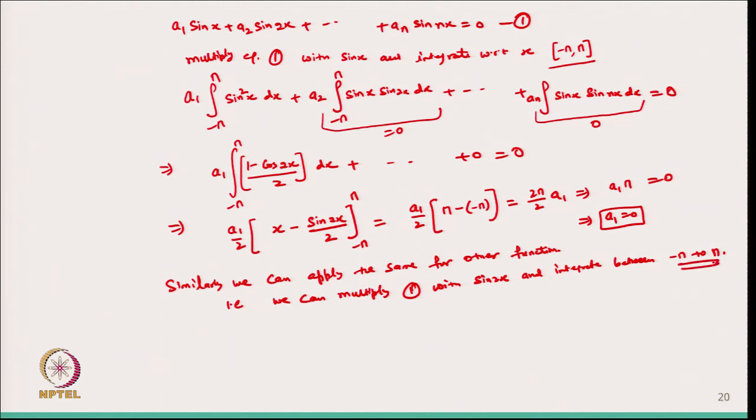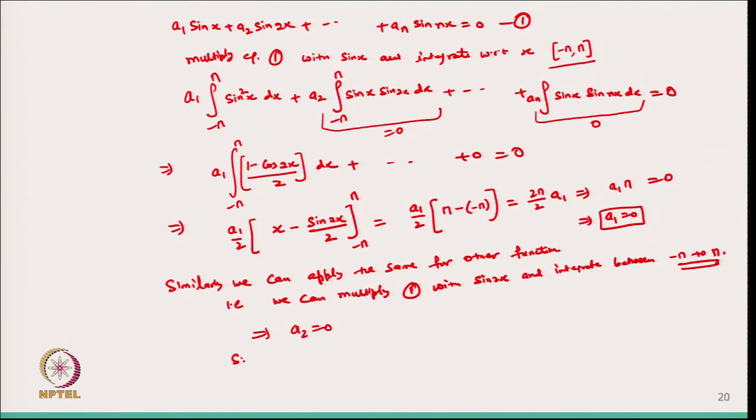In that case also we will get a2 and all other terms will be 0, because here also we are using the property of orthogonality. So, from here I will get my a2 equal to 0.